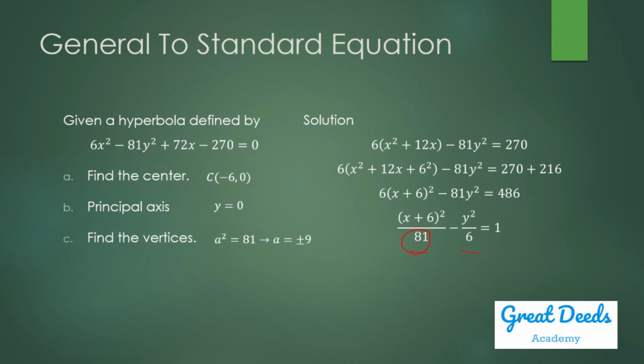That is fine, but we can also write it as a is equal to plus or minus 9. And so a now is like the directed distance of the vertex from the center. When a is equal to 9, then one vertex is to the right of your center. When a is equal to -9, then one vertex is to the left of your center.